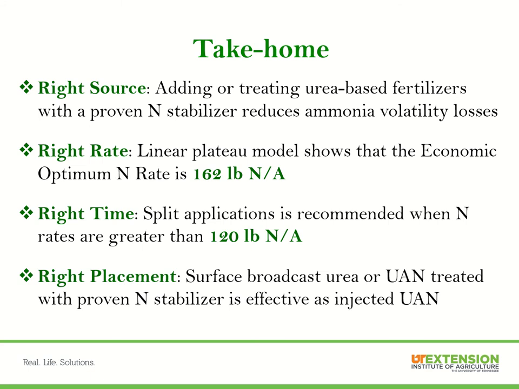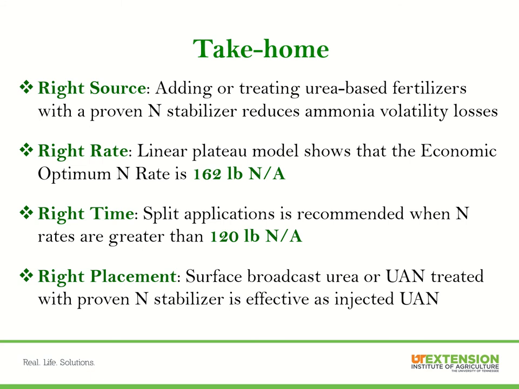When it comes to right rates, based on last year's study, and it's just 1 year, what we realized is that the economic optimum N rate was about 162 pounds of nitrogen per acre.